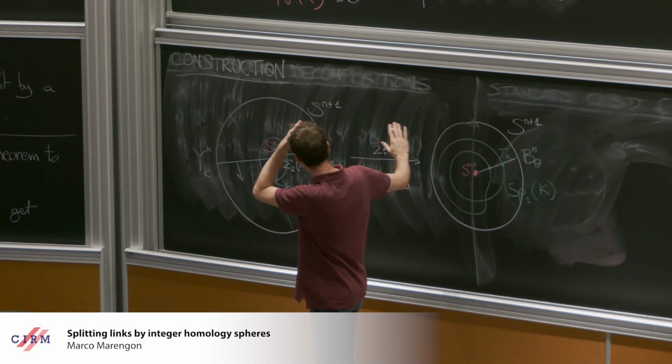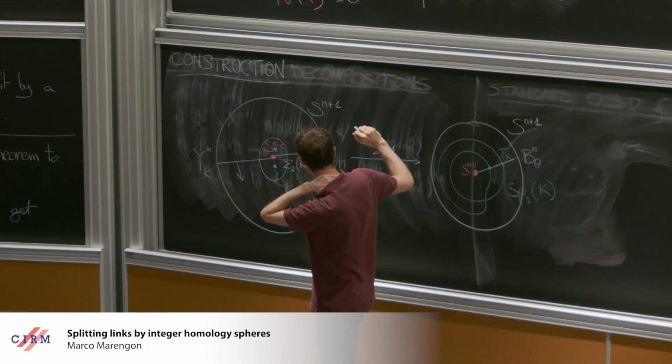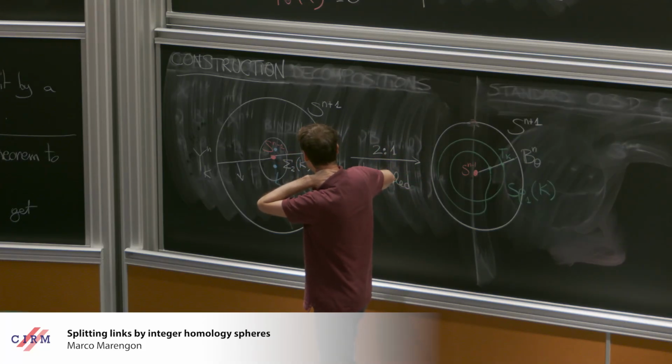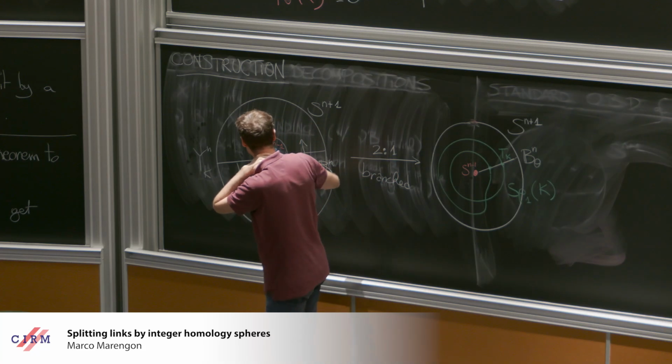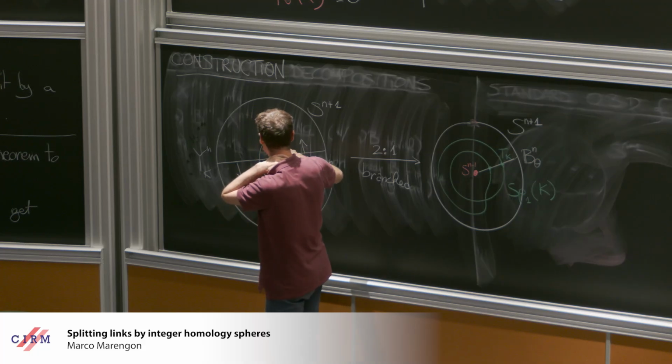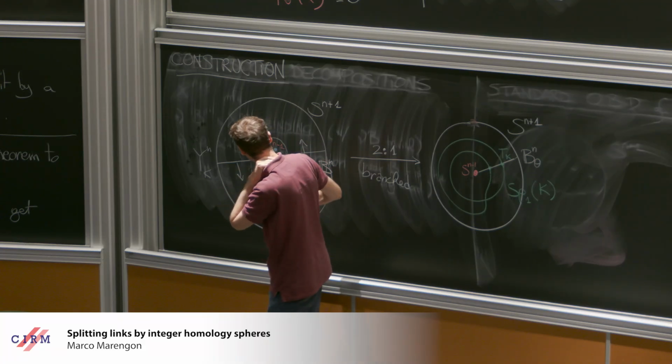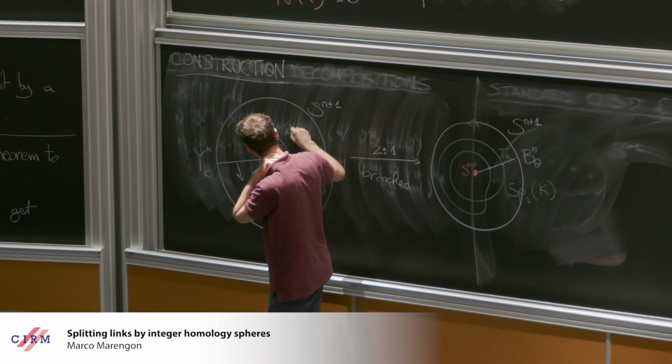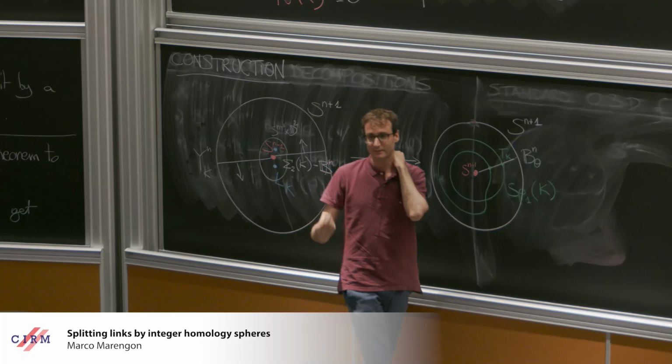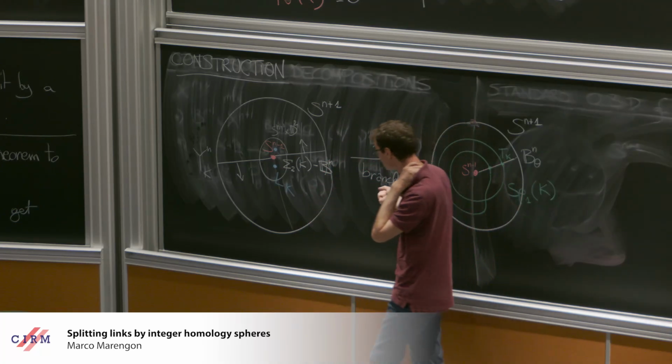I'm getting confused, sorry, we have too many dimensions. S^{n+1}. So this is a neighborhood of S^{n-1} cross D^2, because the binding has trivial normal bundle.